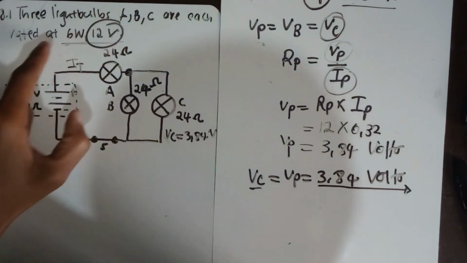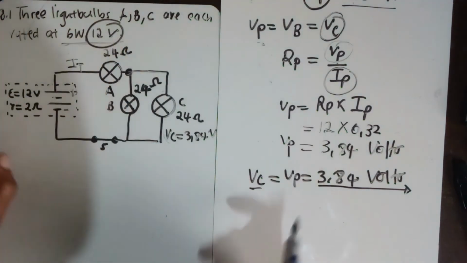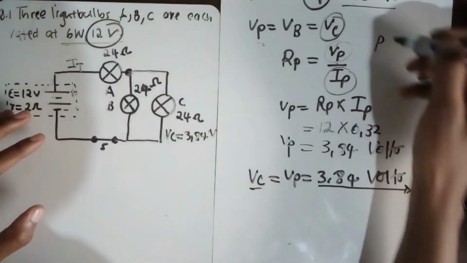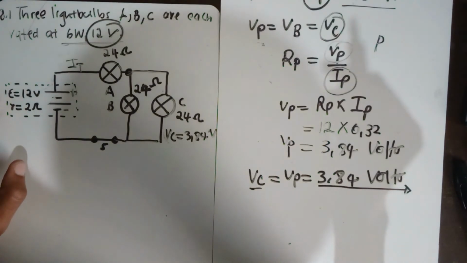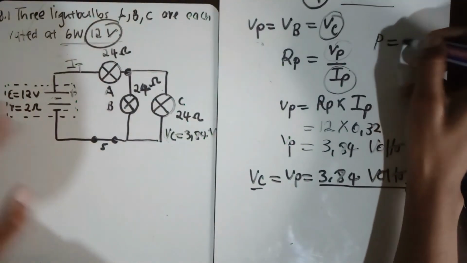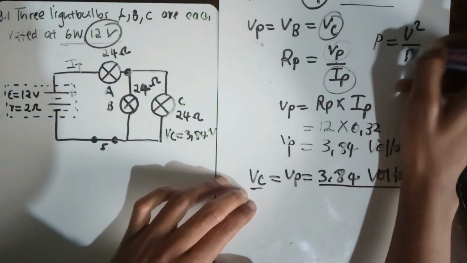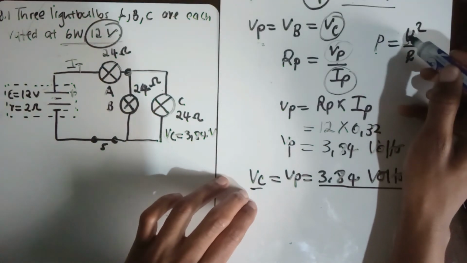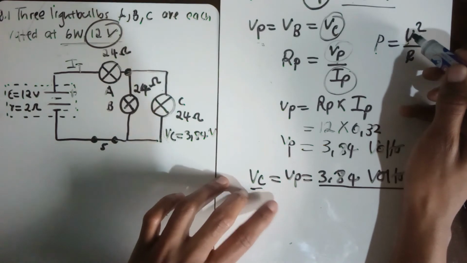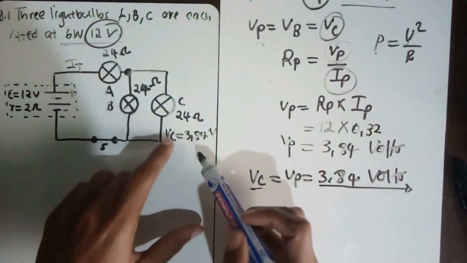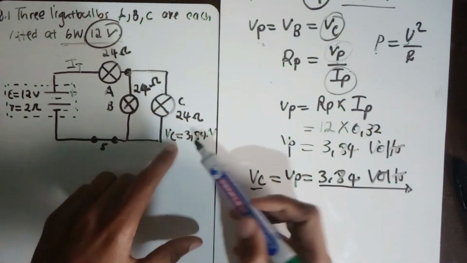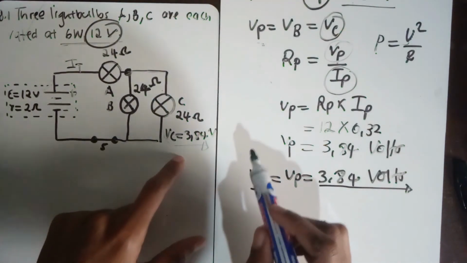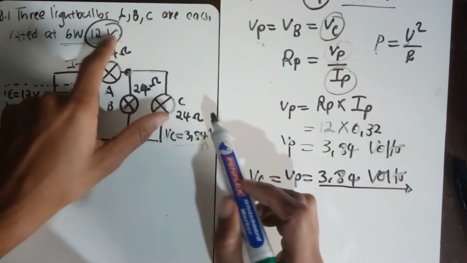And then for a given resistance, remember, if we go back to our equation, power is directly proportional to the square of the potential difference. And since the potential difference across this light bulb C is less, 3.84, it's less than the operating voltage, which is 12 volts.